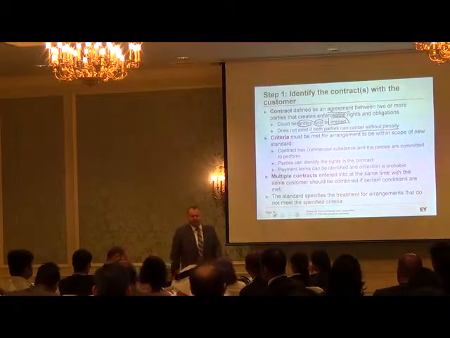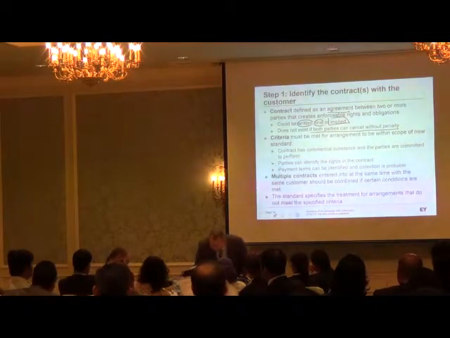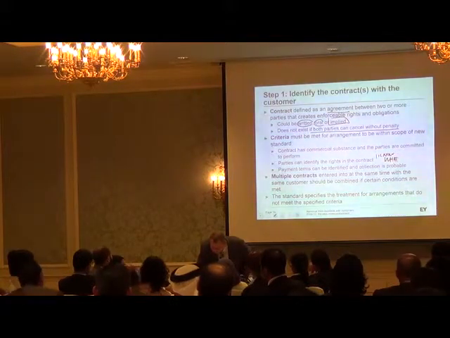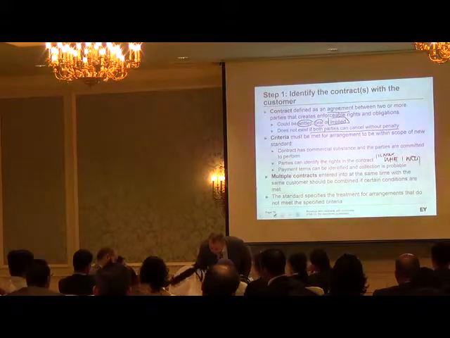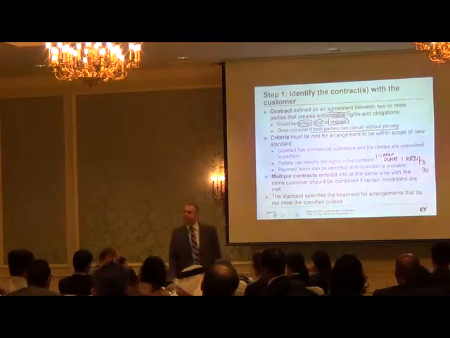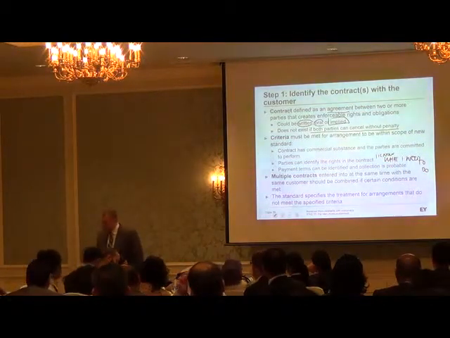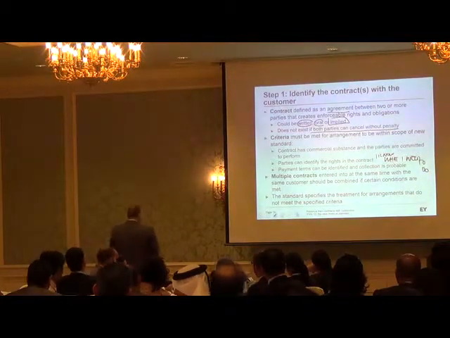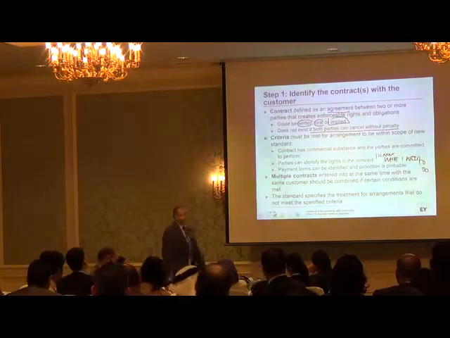What does this mean? I know what I need to do. Right? So the contract must be clear about what needs to be performed. And payment terms can be identified and collection is probable.